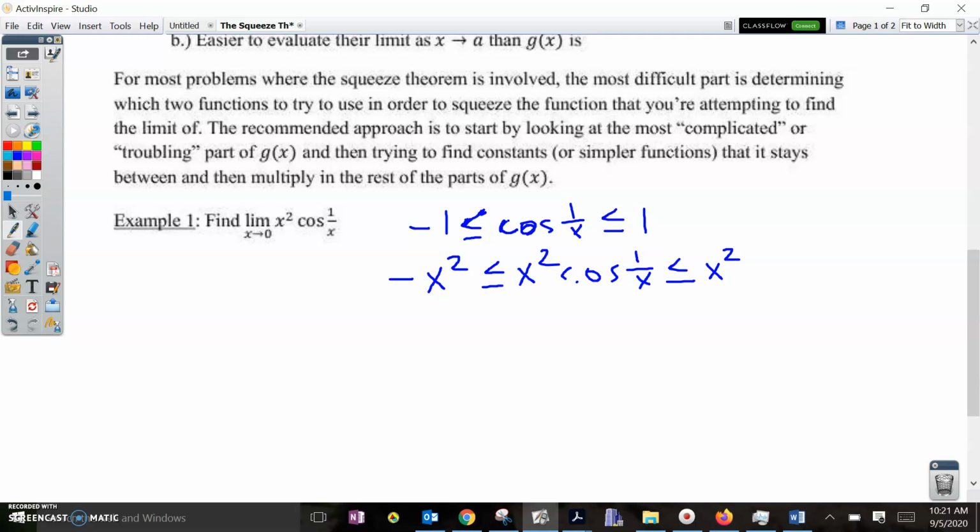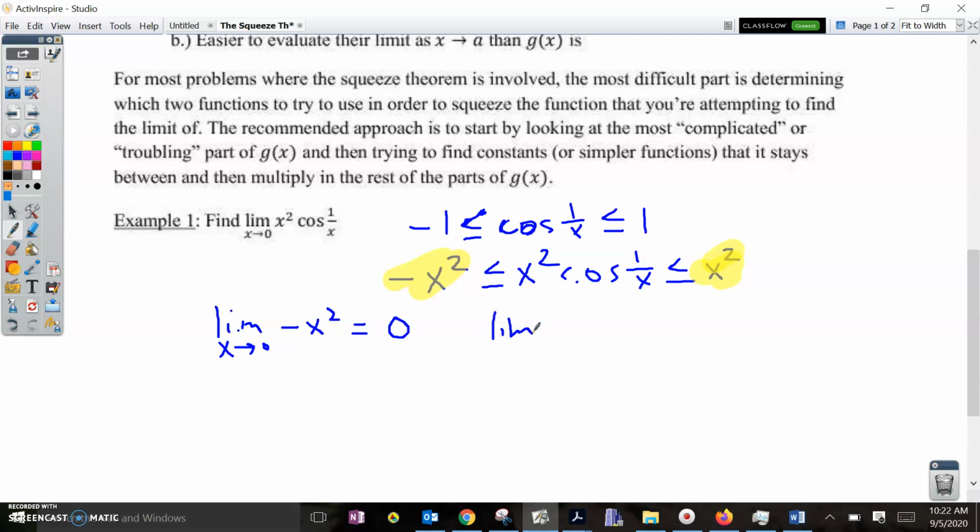And I've got what I want to find the limit of in the middle. Now what's interesting here is we've set this up so that both of these other expressions in the inequality are things that we can easily find the limit of. The limit as x goes to 0 of -x squared, we can find by simple substitution. Substitute 0 in there, we get 0 as that limit.